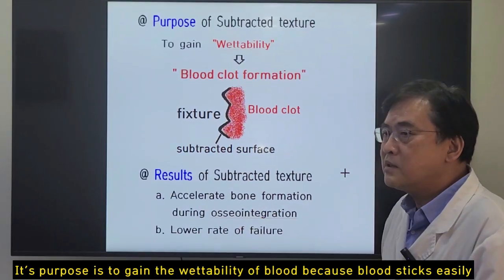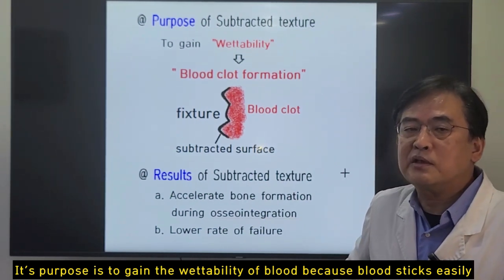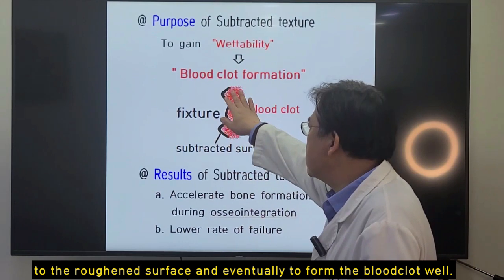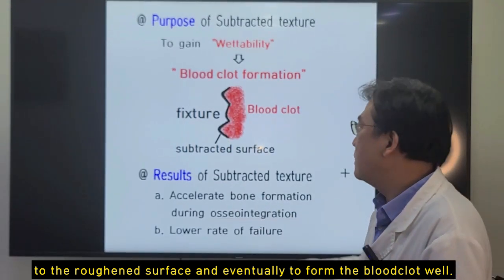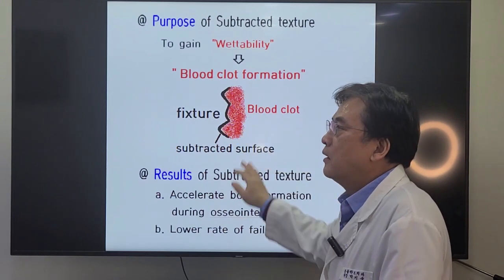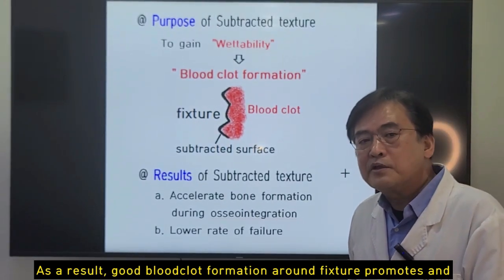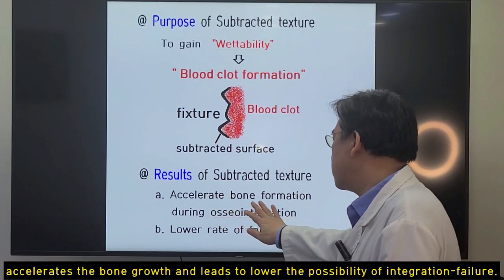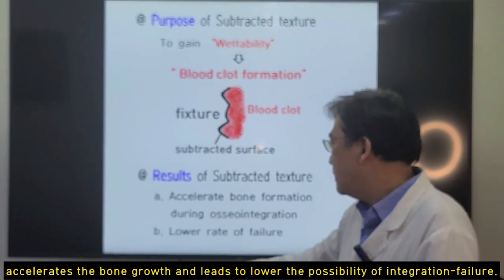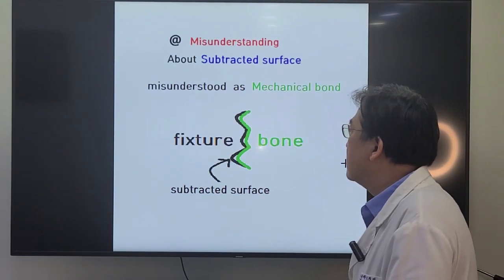Its purpose is to gain wettability of blood, because blood sticks easily to the roughened surface and eventually forms a blood clot. As a result, good blood clot formation around the fixture promotes and accelerates bone growth and leads to a low possibility of integration failure.